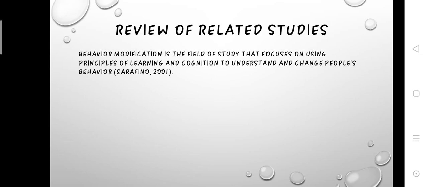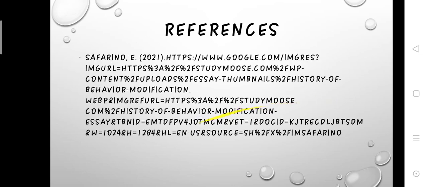So Sarafino believes that behavior modification focuses on using the principles of learning and cognition to understand and change people's behavior. In his study, he used behavior modification to understand and change people's behavior.